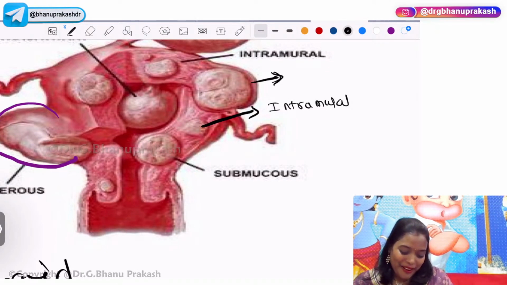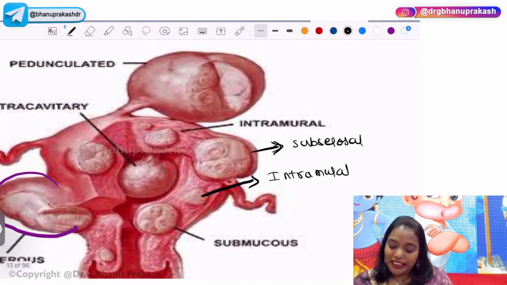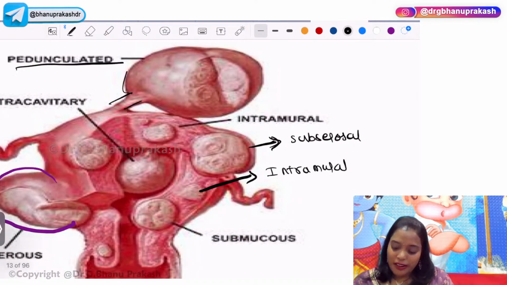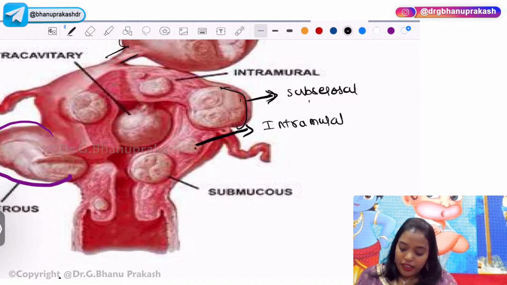Good thinking, but this is called subserosal. It is called sessile subserosal because it doesn't have a stalk. This is pedunculated subserosal, whereas this is sessile subserosal. This is intramural. See, this one is submucosal. These are the main important three types of fibroid, guys.